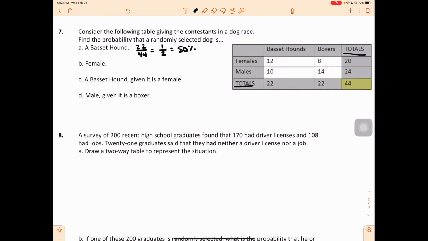Now it says, find the probability that a randomly selected dog is a female. Okay, well, you want to look at the females here. Let's use a different color. So here we have females. The total number of females is 20. Okay, so we know 20 of the dogs are females and we have 44 total dogs.